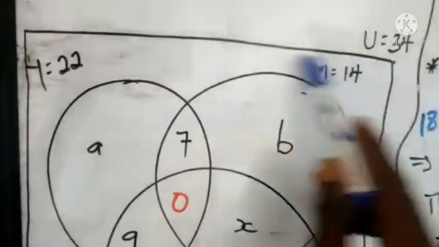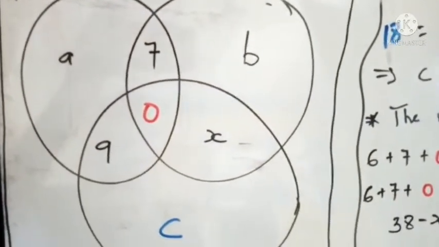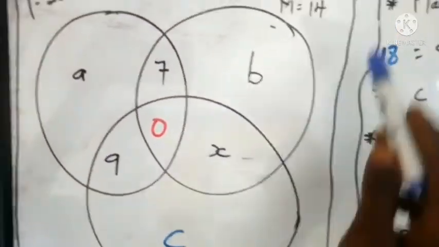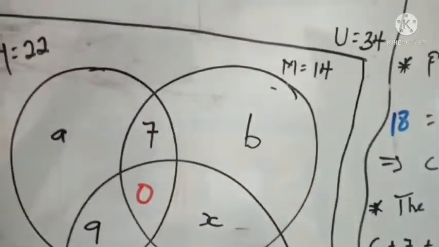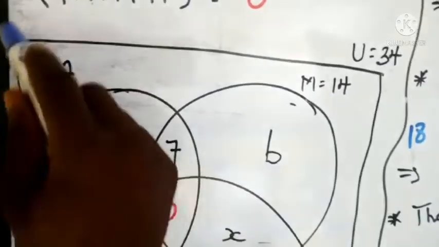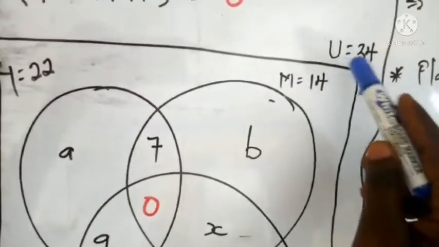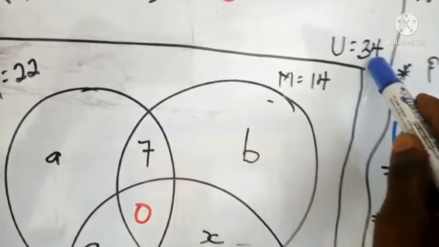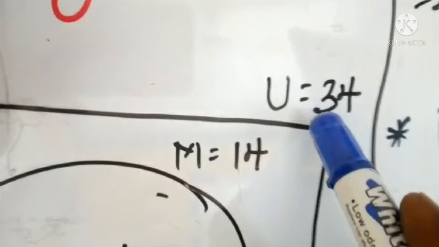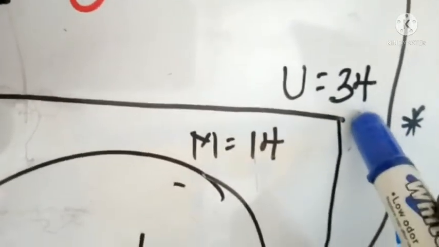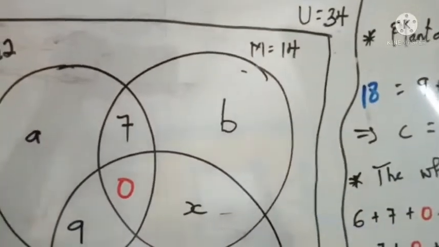This is the whole Venn diagram, the rectangular box. Assuming this is a community, this box represents the whole community. How many people are in the community? We have 34 people in the community, right? So the 34 is here. Look at where 34 is. The 34 here tells you that in the whole community you have 34 people.